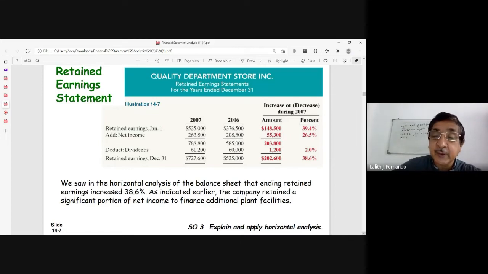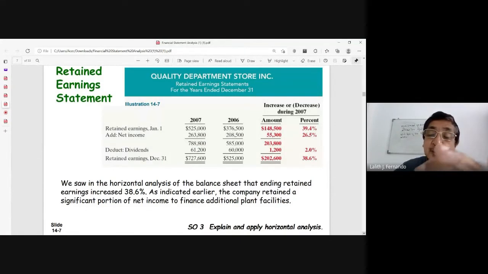The difference is 148,500, and the percentage increase is 39.4. At the end also, retained earnings increased by 38.6%, but that's a marginal decrease from the earlier year.